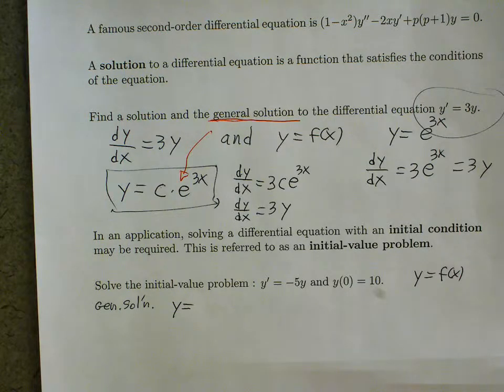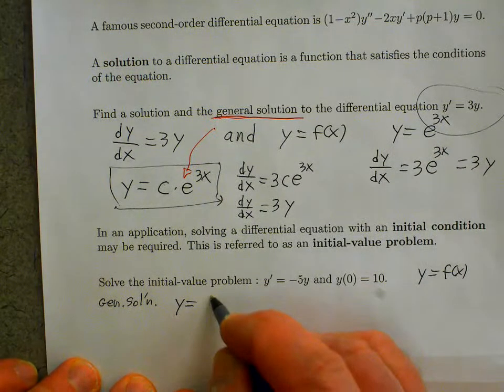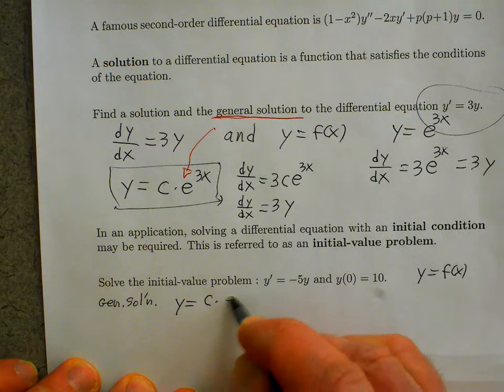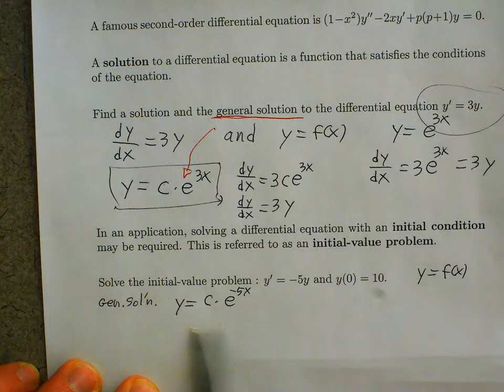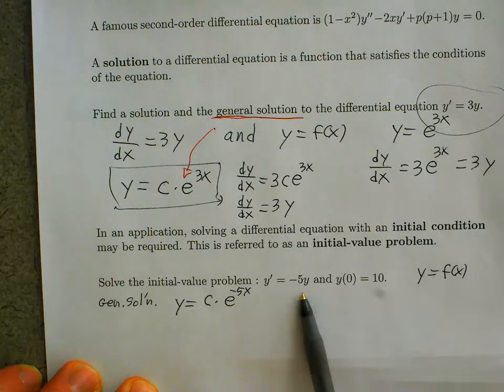Some number times e to the negative 5x, right? So some number c times e to the negative 5x. And you can verify that dy dx is negative 5 times c times e to the negative 5x, or negative 5y.